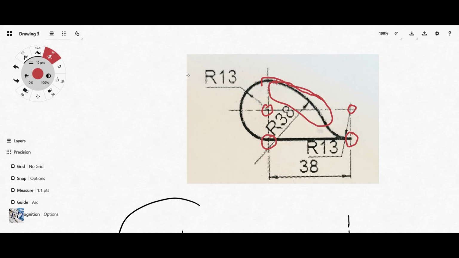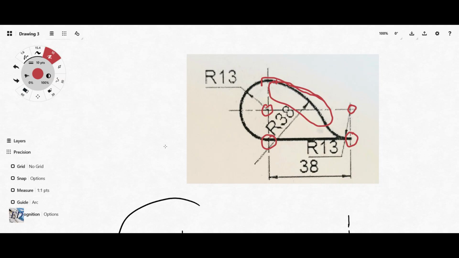We still use the tangency rules, or the tangency principles, and it states that when two arcs are touching internally, the distance between the two centers is the difference between the radii. You simply subtract one from the other, and here we have 38 and 13.